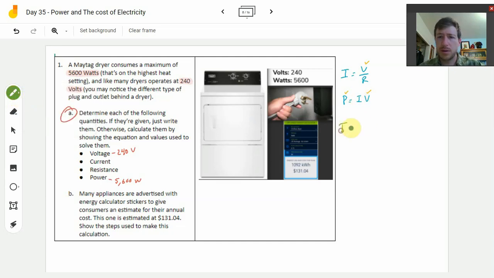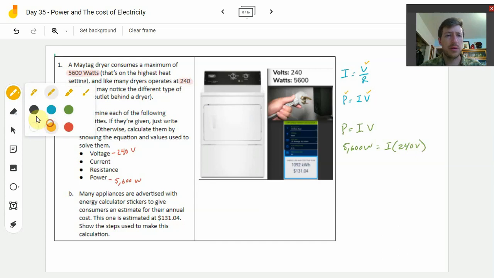So the power, we could rearrange it, but we'll just keep it as is, equal to the current times the voltage. So the power is 5,600 watts. That's equal to our current times our voltage, which is 240 volts. So I'll divide both sides by 240 volts.